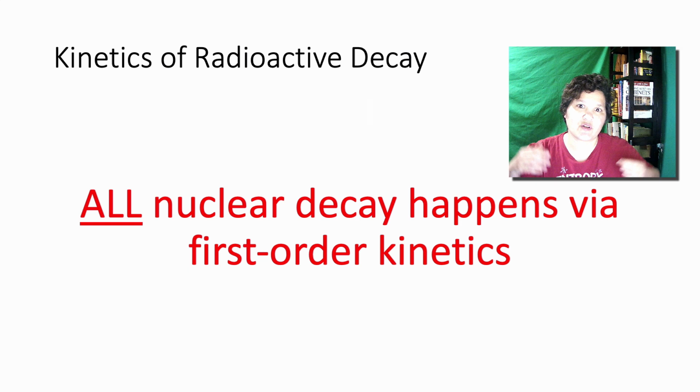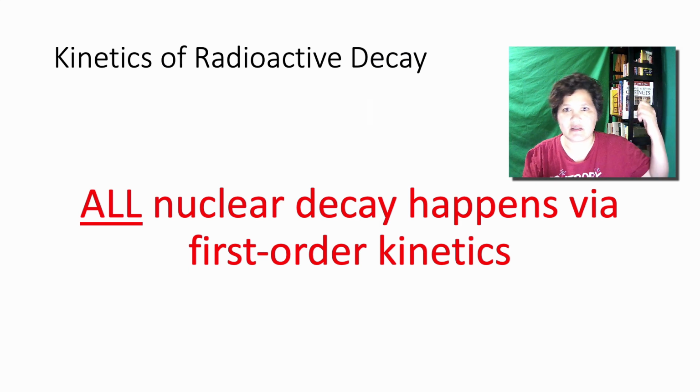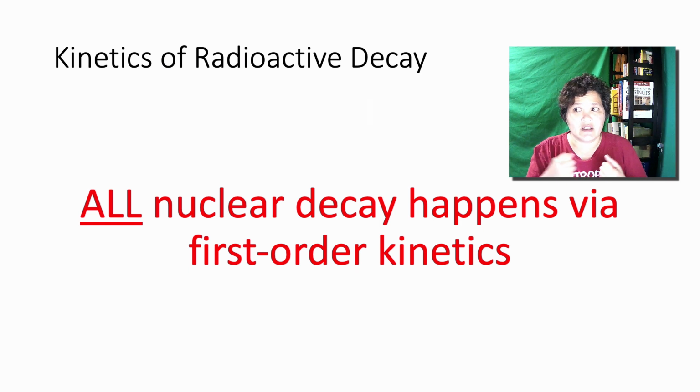So if that particular elementary step of your reaction mechanism is O2 crashing into CO2, well, then that has two things involved in the collision, and so you're going to have a second order kinetics equation.